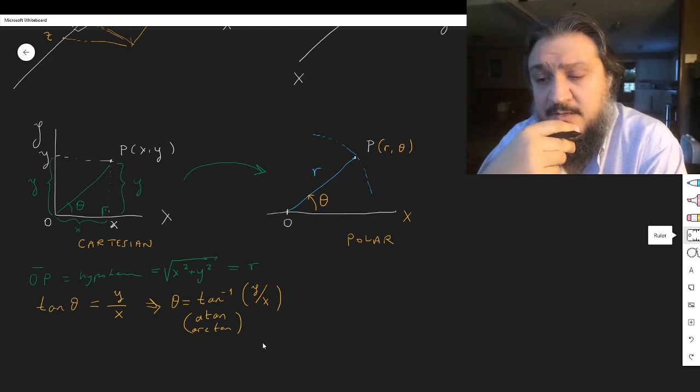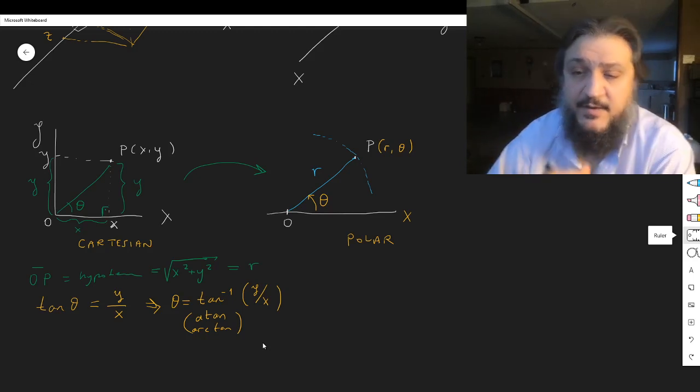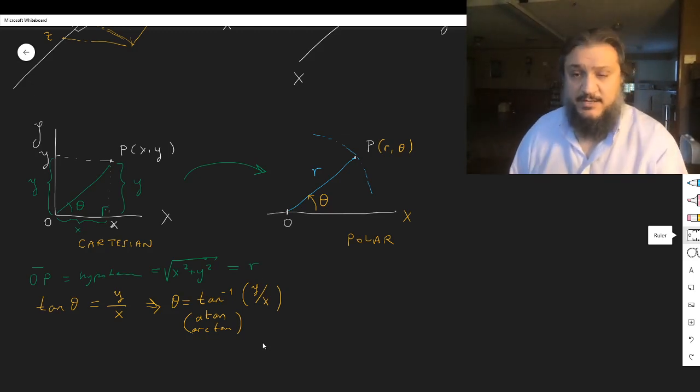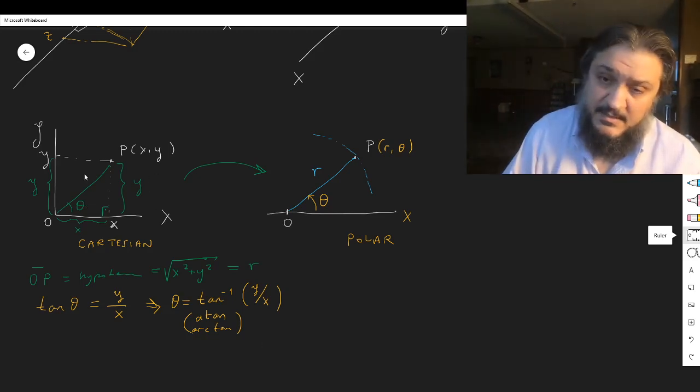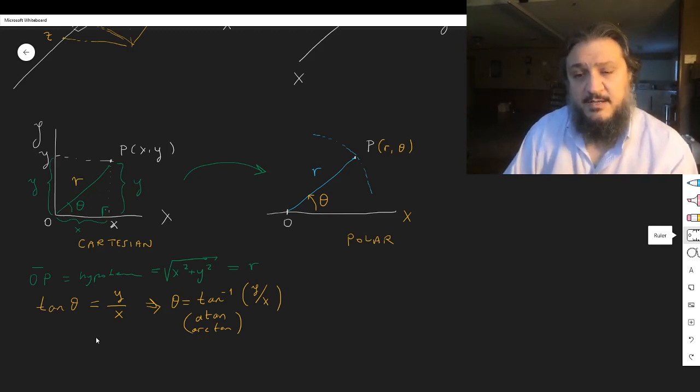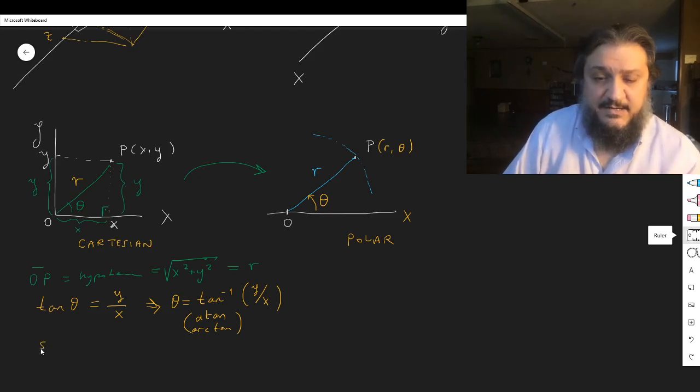And how do you go in the other direction? Given r and theta, how do you find x and y? Again, use your right triangle right here. Remember, hypotenuse is r. And we used already tangent. How about sine? What is sine theta? Or cosine theta?